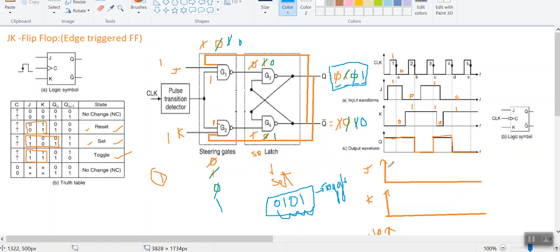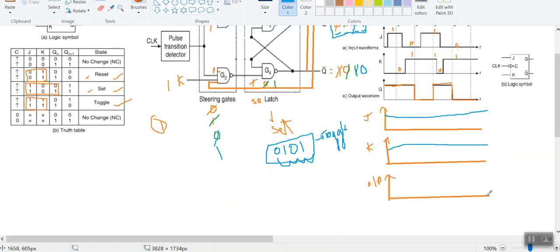So let us consider with respect to the waveform also. Let us consider my J value is always equal to 1 and K value is always equal to 1. So when J is equal to 1 and K is equal to 1, at this particular point of time, when my clock is equal to 1, I would like to have my output initially as 1.